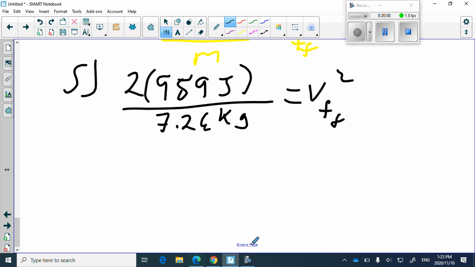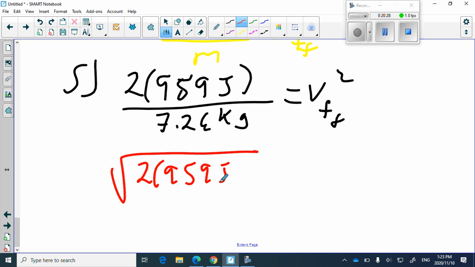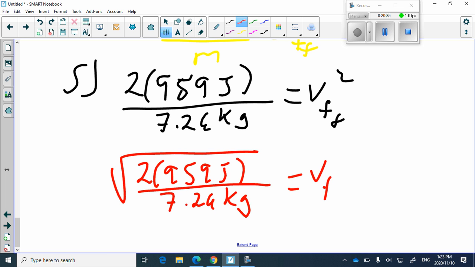So I get my handy dandy fancy dancy calculator out. 2 times 959 joules equals, divided by 7.26 equals, but then I have to realize that if I want the speed final, I have to square root.